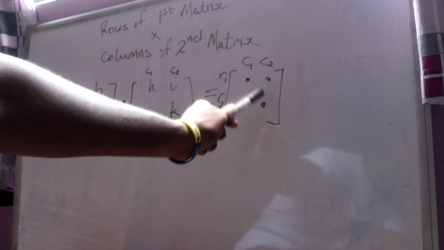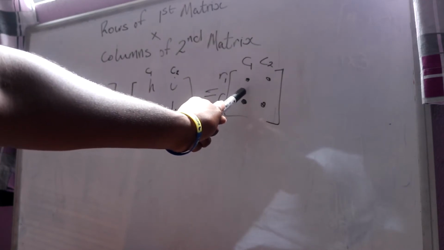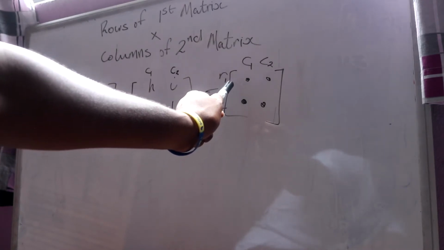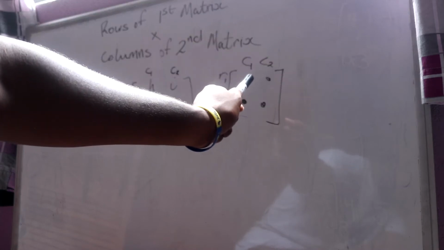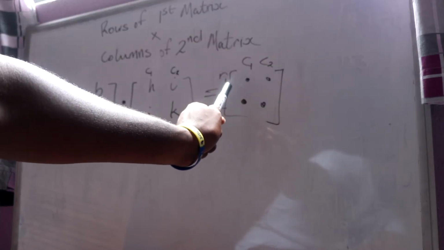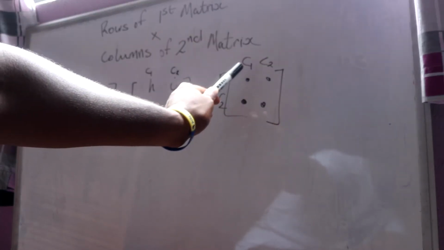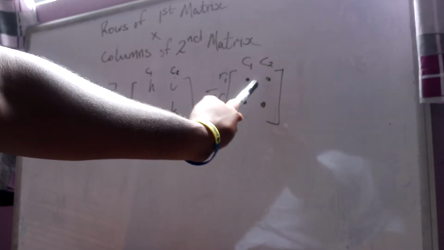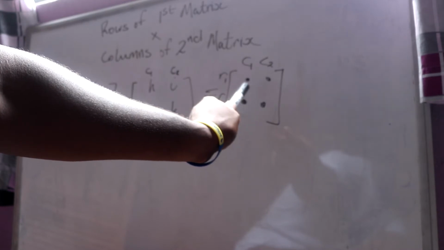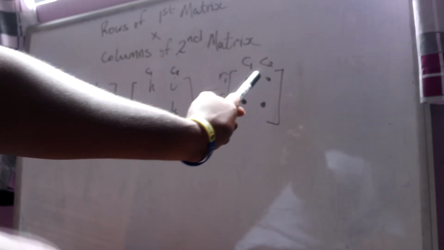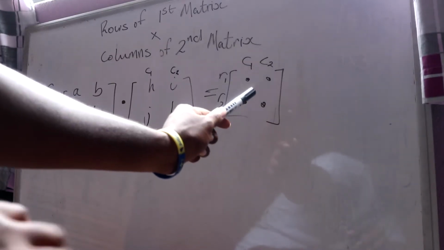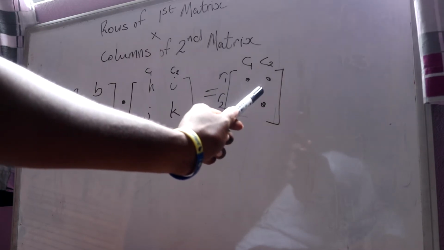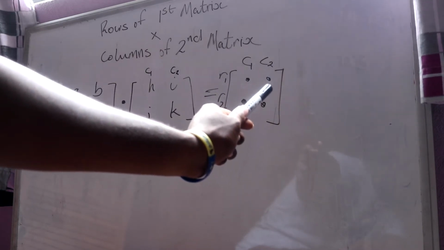This dot is in row 1 and column 1, so we're multiplying all of row 1 by all of column 1. This next dot is in row 1 but column 2, so we're multiplying all of row 1 by all of column 2.